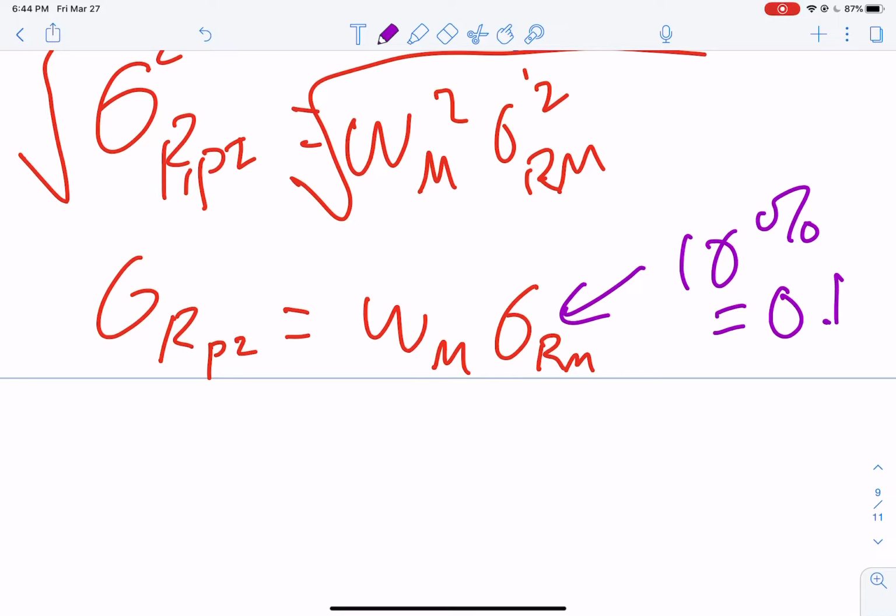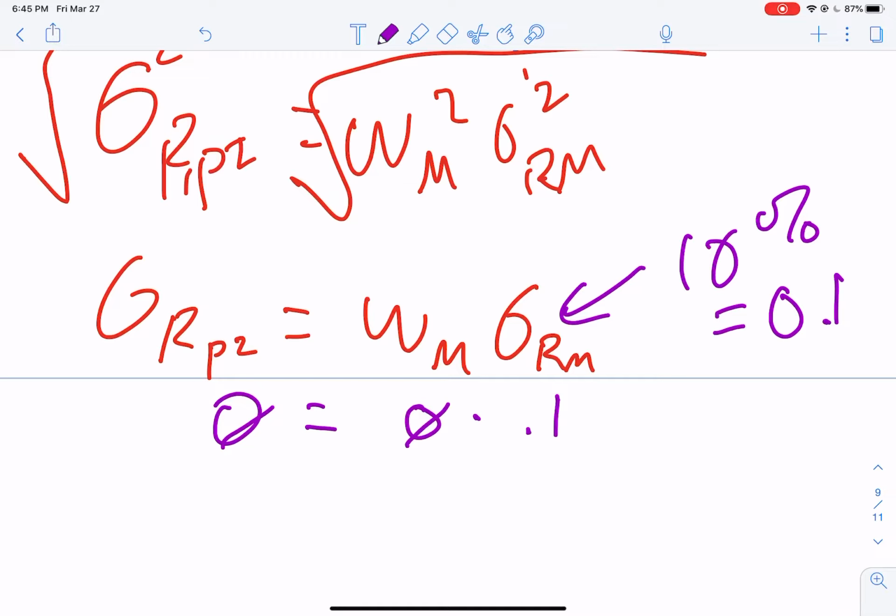That means if I've got none of that in my portfolio, then 0 times 0.1 is 0. And then 0 would be the standard deviation of the return of my portfolio, which would be 100% risk-free asset.